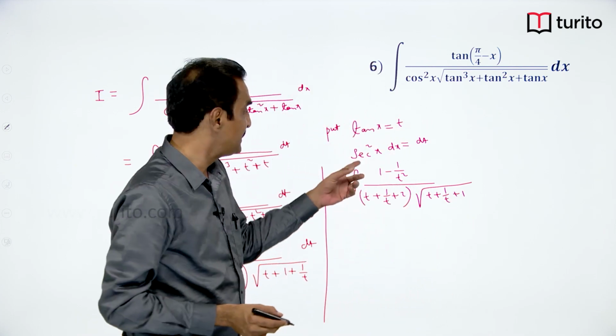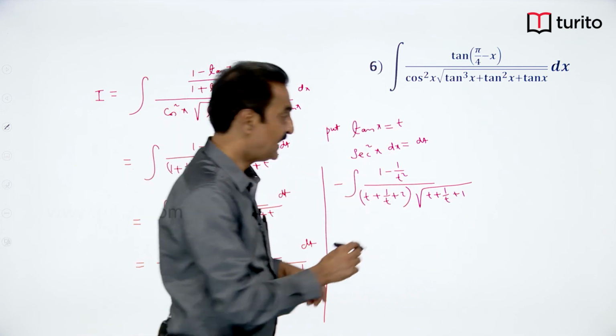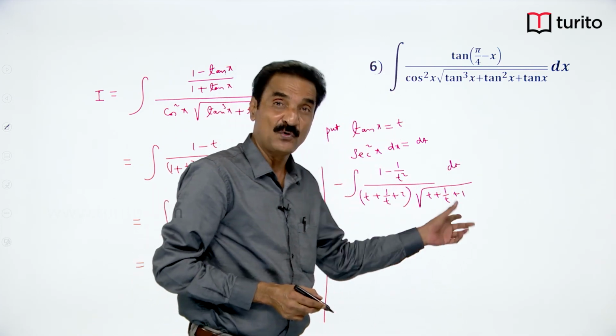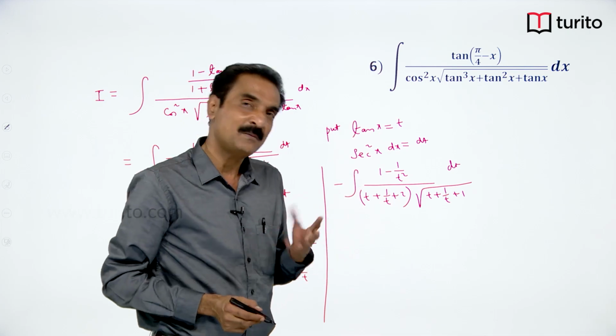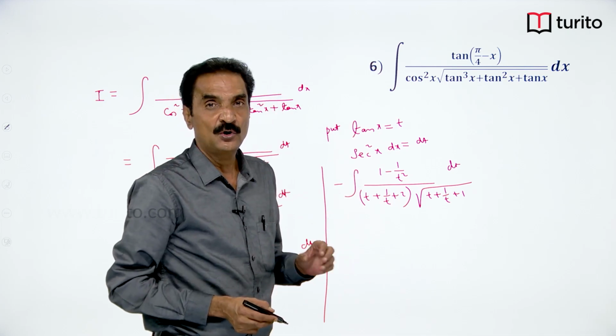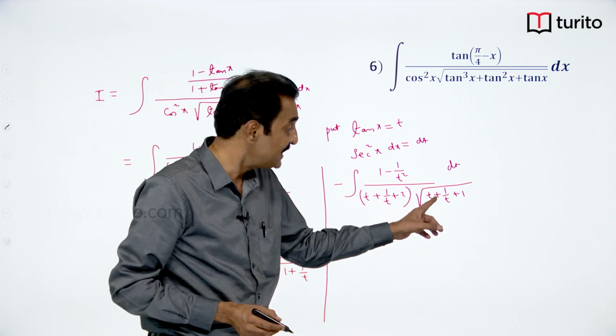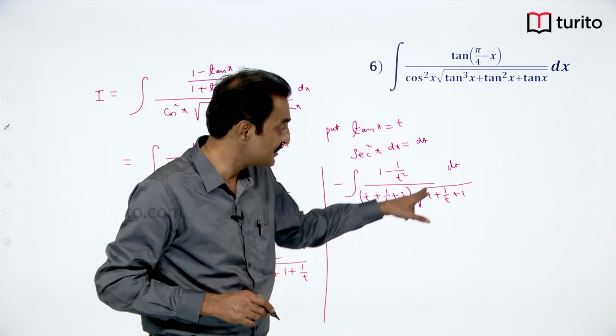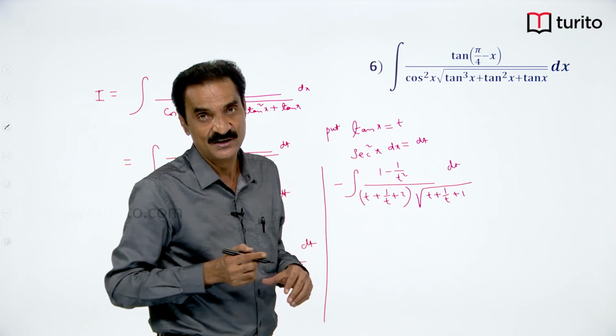Derivative of t plus 1 by t is 1 minus 1 by t square. Derivative of t plus 1 by t plus 1 is also 1 minus 1 by t square. So we substitute t plus 1 by t plus 1 equal to some z square, because a square root is also there, we have to make it rational.